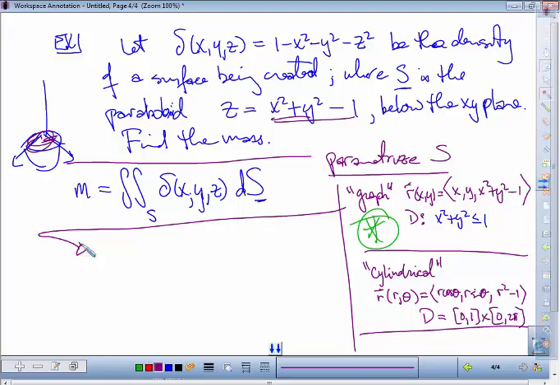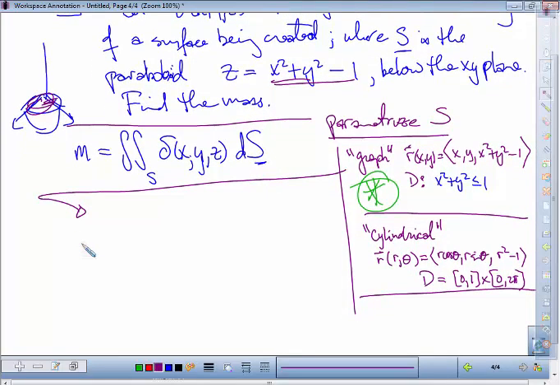Let's take the derivative and cross them. And then once we do that, we're going to set up our integral. And then when we set up our integral, that's when we'll see that we're going to transfer it into polar. But let's take a look at this and cross it and find a derivative.